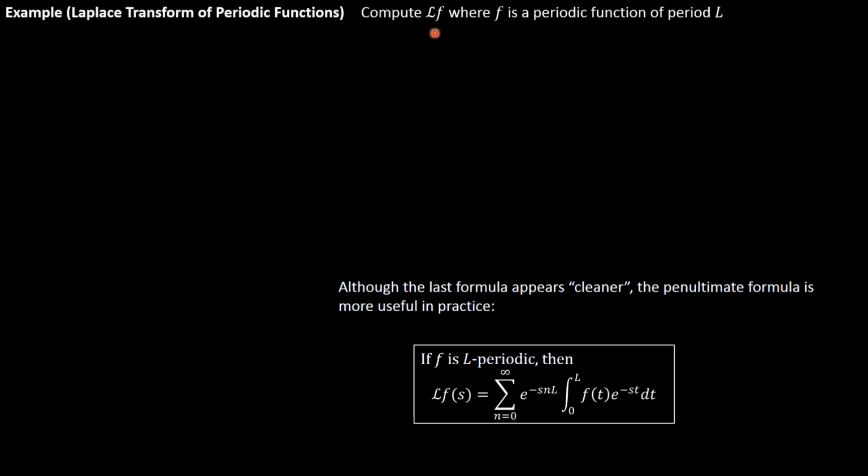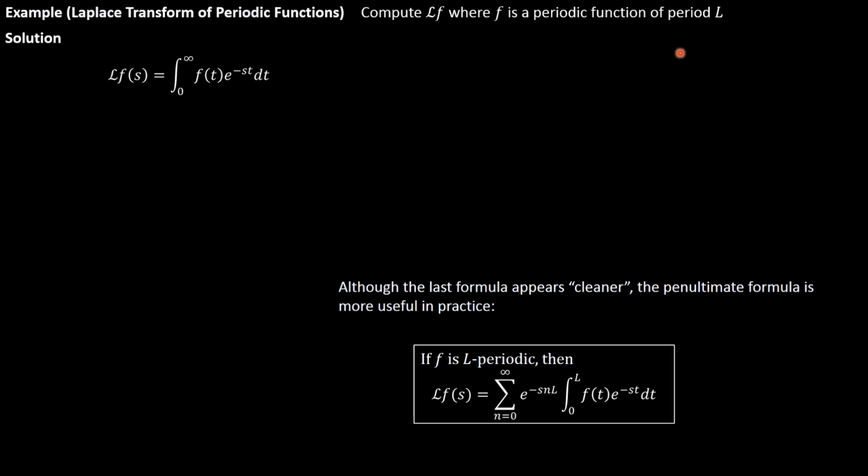So let's compute the Laplace transform of a periodic function of period L. If a function has period L, that means it repeats itself every L units. So the only thing you really need to know about this function is its values for t between 0 and L. After that, it just keeps repeating those values for all of time.